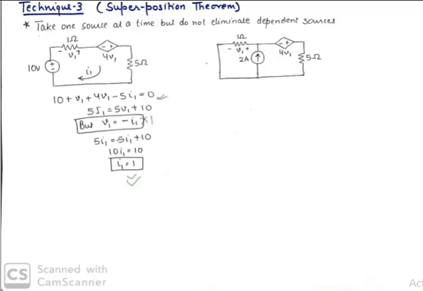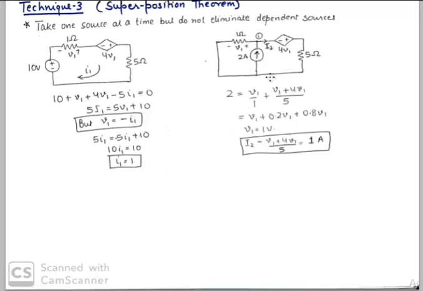Now let's see how much current is flowing because of this 2 ampere current source. That is again very easy because we have taken up this node 1. At node 1, 2 is entering and this current is leaving, which is V1 upon 1. V1 is the voltage at this node, and again this I2 is leaving, which is V1 plus 4 V1 upon 5.